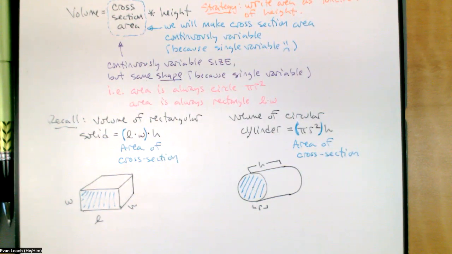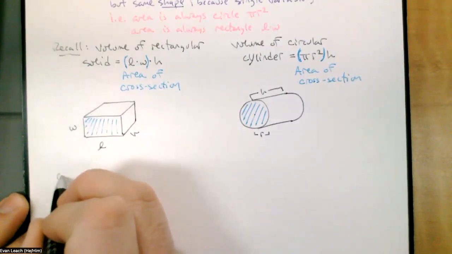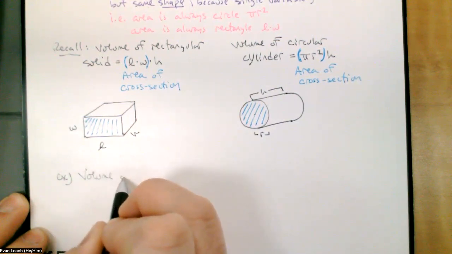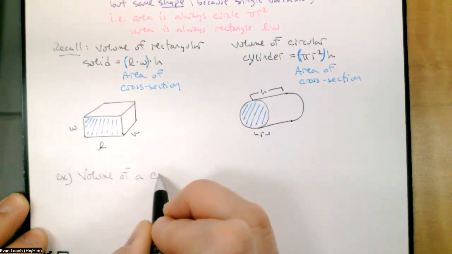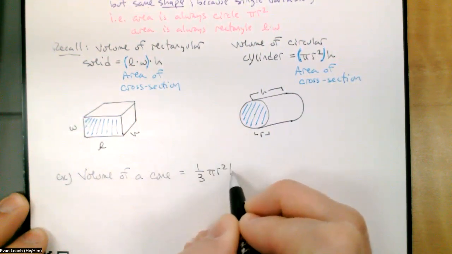So the idea is that we're going to build a solid by having the cross-sectional area always be the same shape, but give it different sizes. So for example, oh, I forgot.